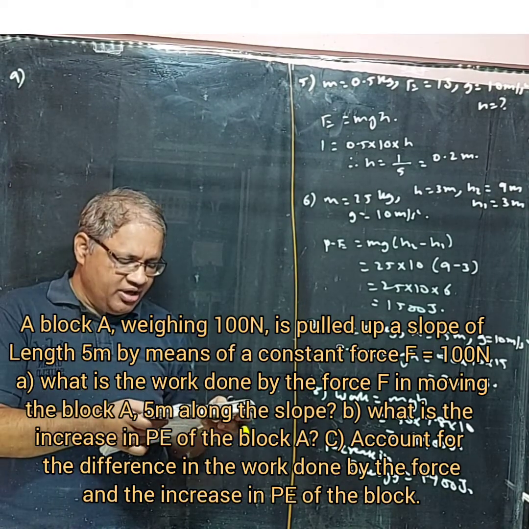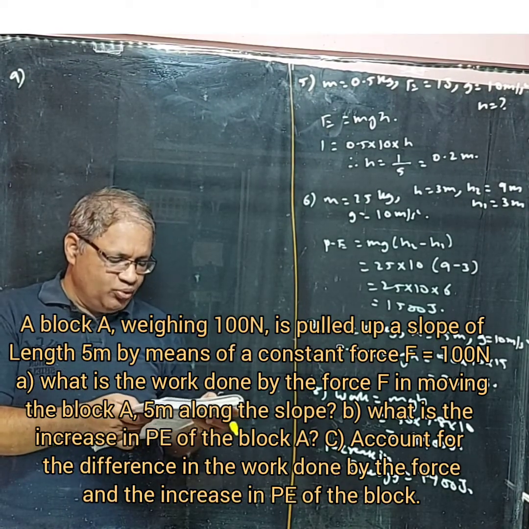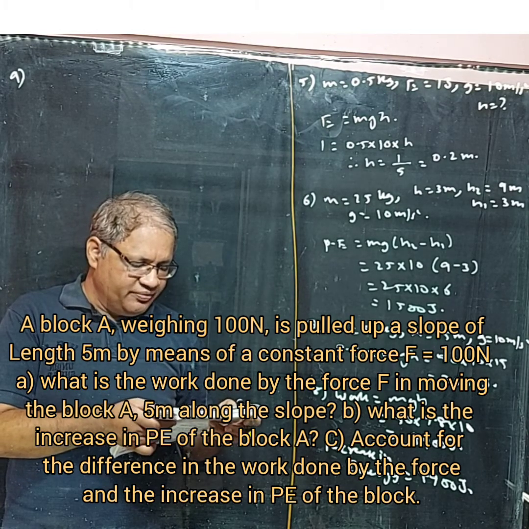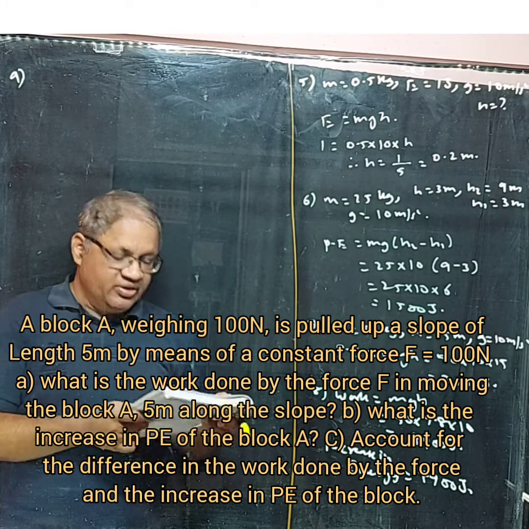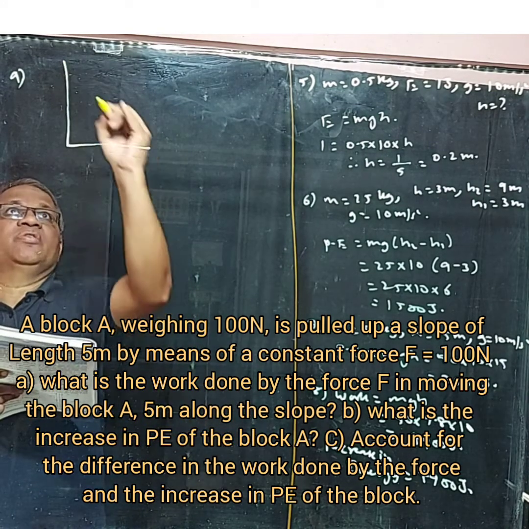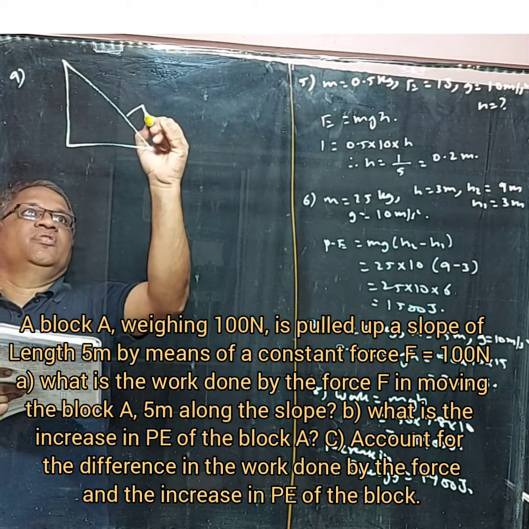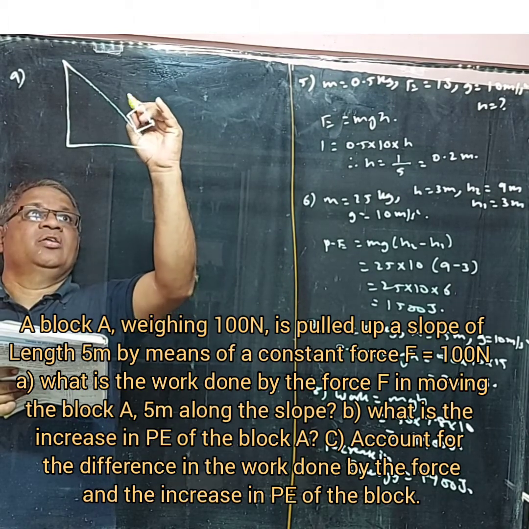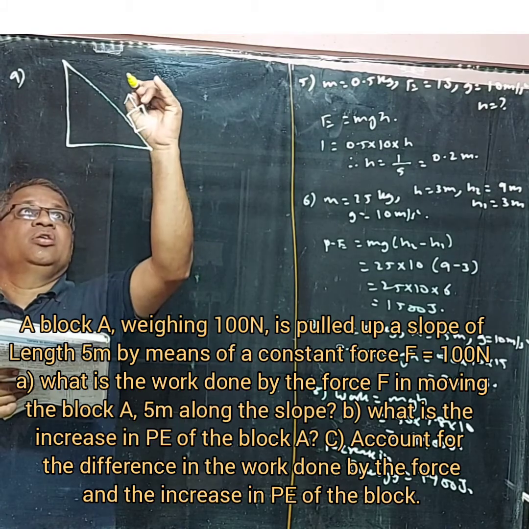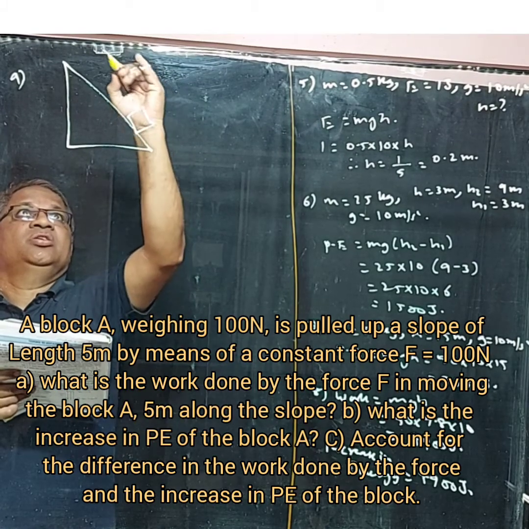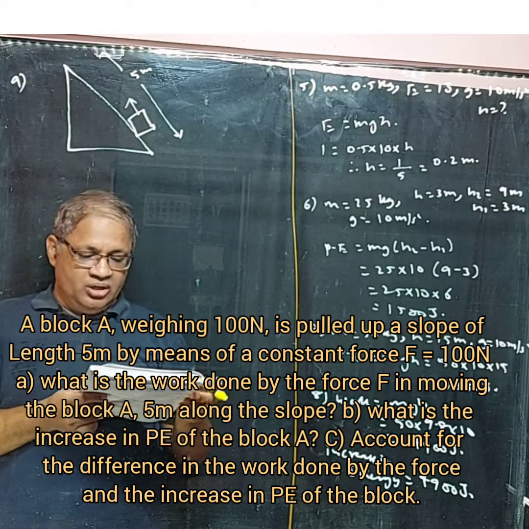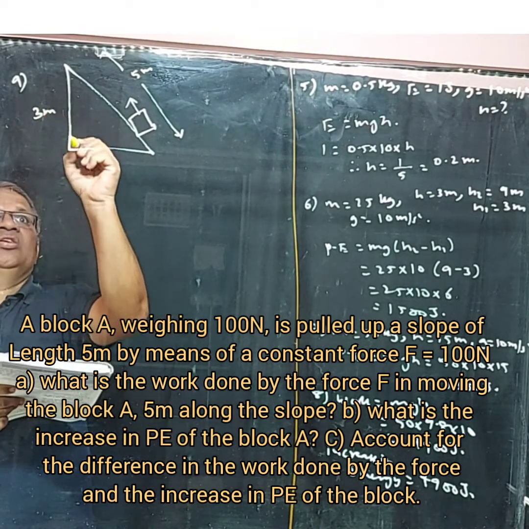Next, the ninth sum. A block A weighing 100 Newton is pulled up a slope of length 5 meter by applying a constant force of 100 Newton as given in the figure. There is a figure also given. So this is the load, and force is applied to the load. 5 meter is the total length and 3 meter is the height.